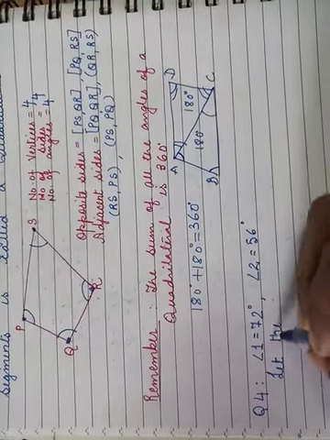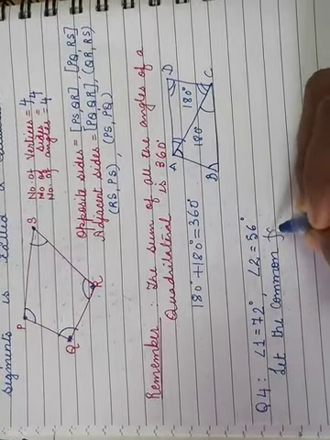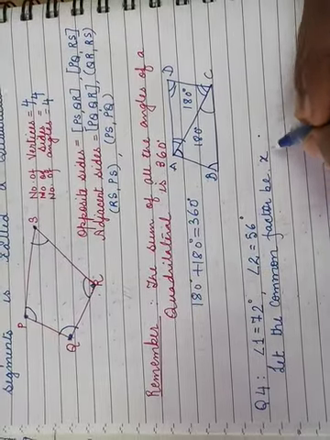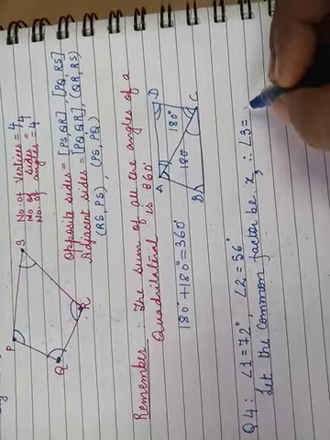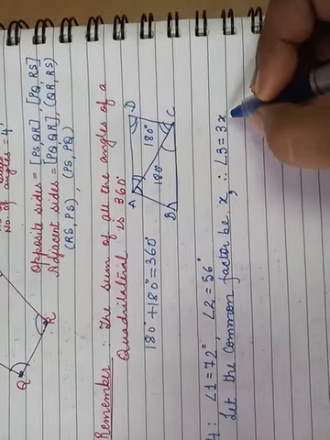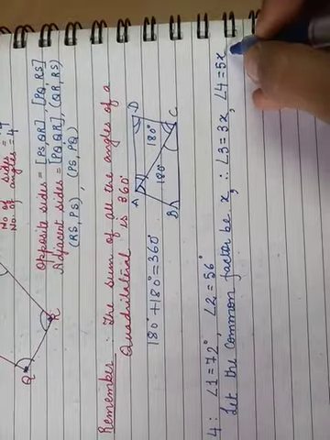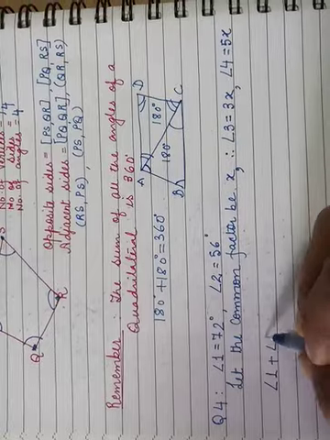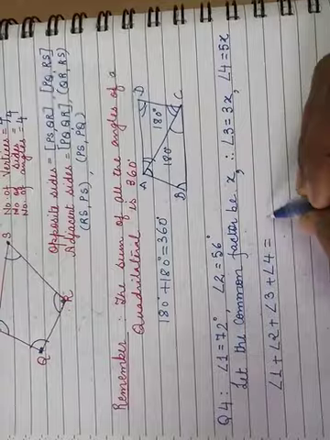Therefore, the ratio of the remaining two angles is 3:5, so angle 3 becomes 3x and angle 4 becomes 5x. Then we write angle 1 plus angle 2 plus angle 3 plus angle 4 is equal to 360 degrees.